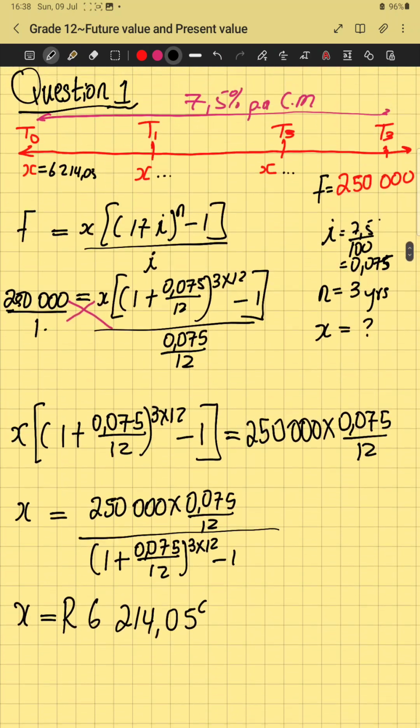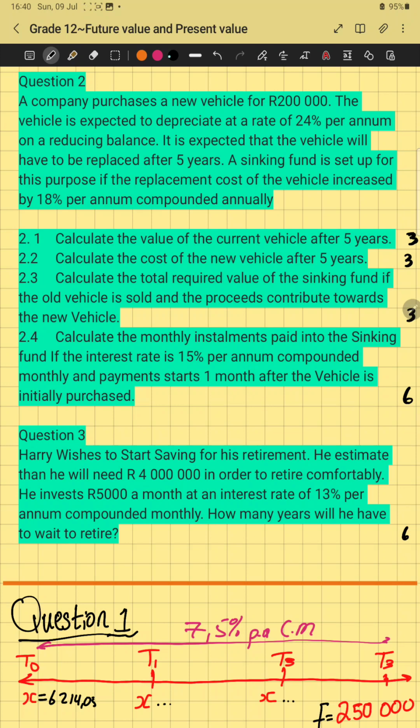Now let's go to question number 2. Here's question 2. In question number 2, they say a company purchases a new vehicle for 200,000.